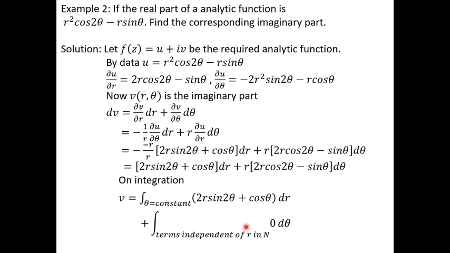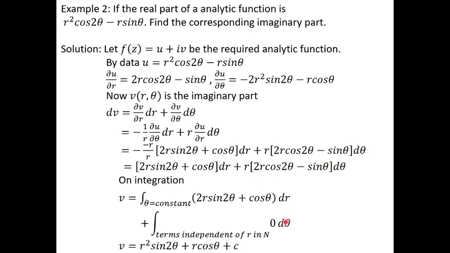The term n is independent of x. But here x means r. Therefore, here 2r sin 2 theta plus cos theta into dr plus. In this case, it is independent of r means the r terms are 0. 0 into this function is 0. Therefore, 0 into d theta.